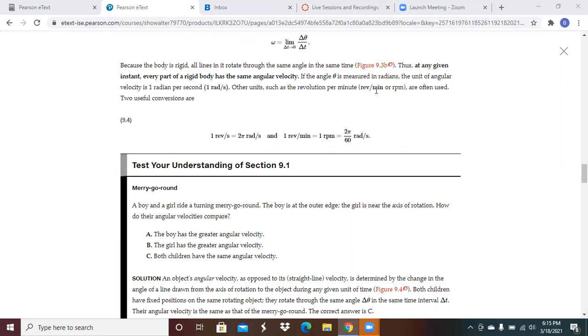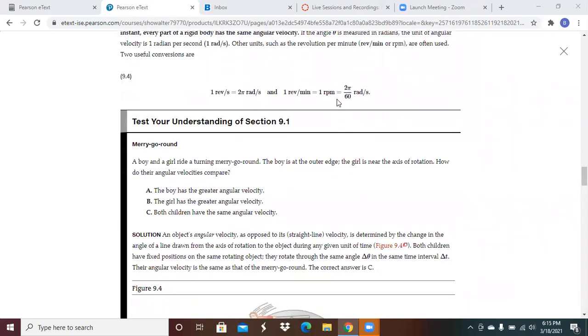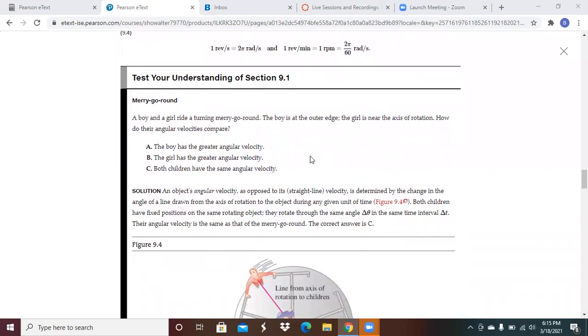Other units, such as revolutions per minute, can also be used. And the reason that sometimes those are used is not necessarily to make physics problems more complicated for the physics student, but actually you might be able to count when something has certain revolutions per minute, and then you can take that and rewrite it into radians per second, or whatever other time unit you want to use.